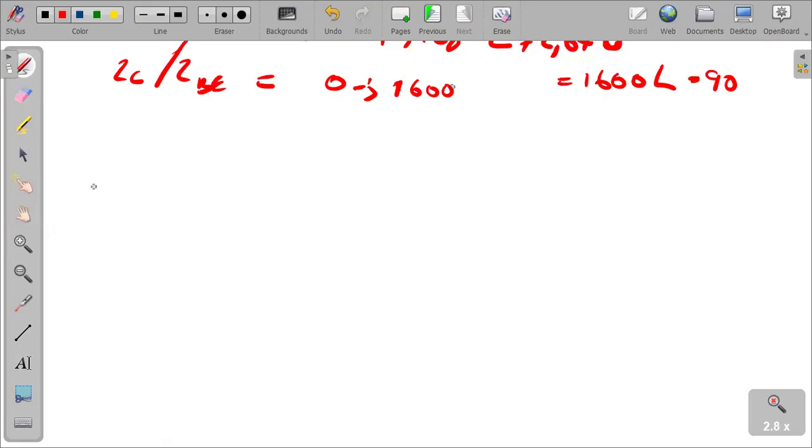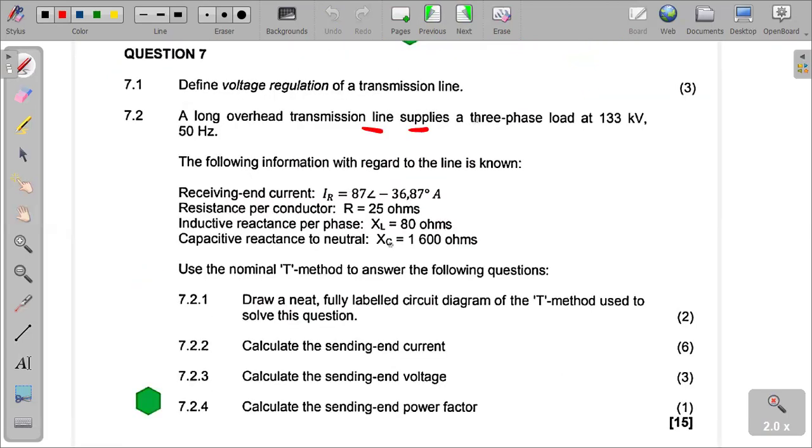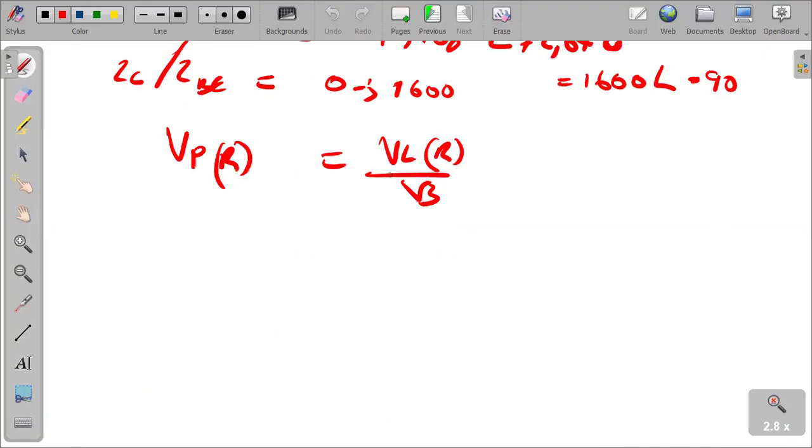Now we can calculate VPR. VPR is equal to VLR over root of 3. Remember, on the information we have, given that is 133 kV, so we have been given the line voltage, and as it stands, that's the line voltage at the receiving end.